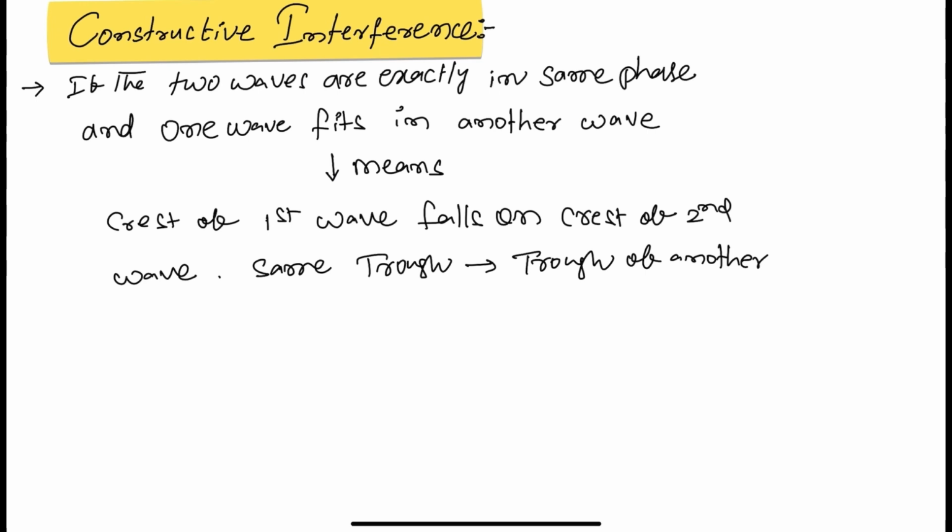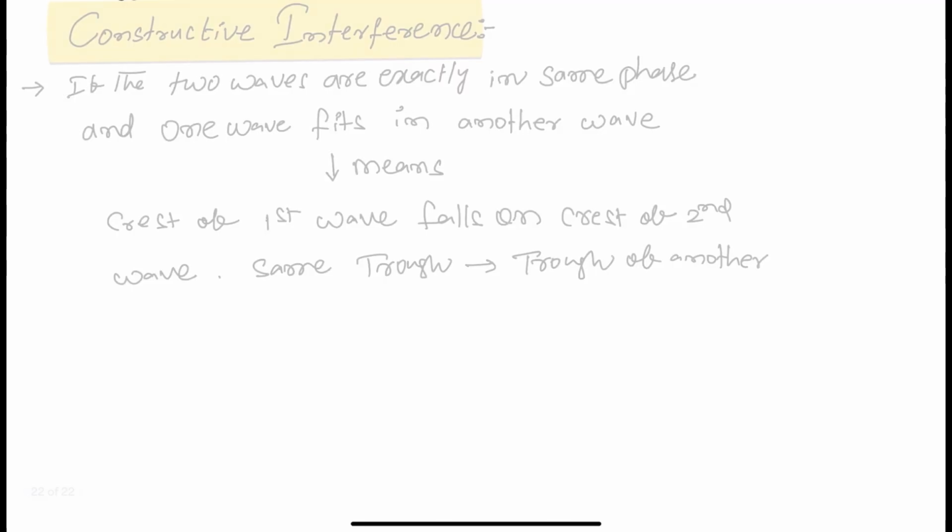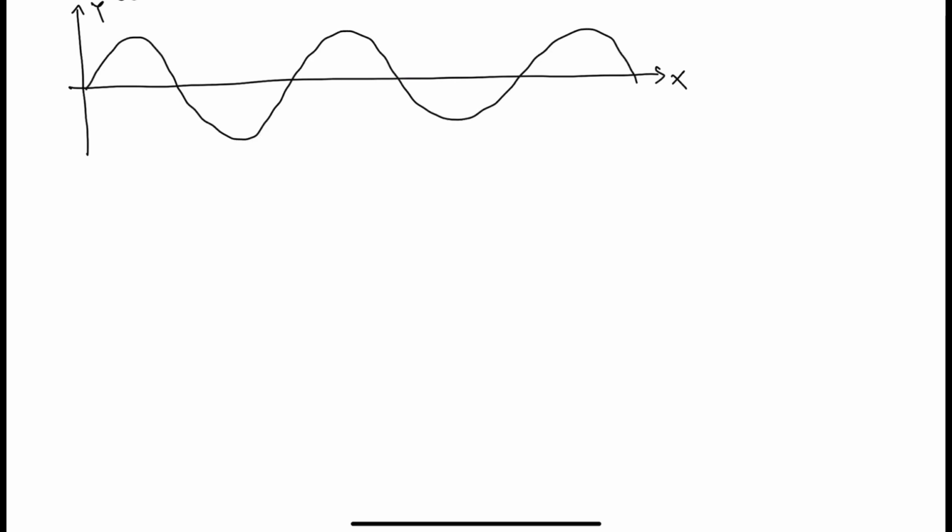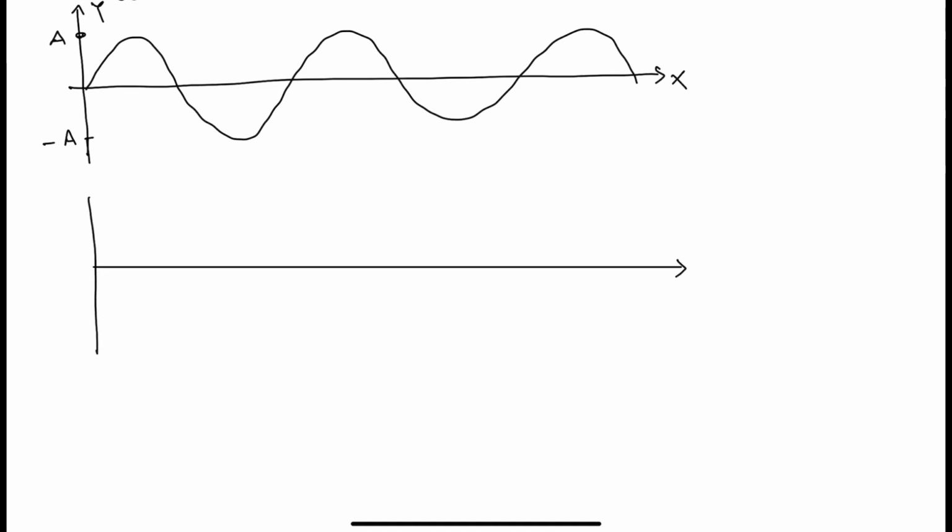In constructive superposition, let's see it diagrammatically; carefully observe this. The wave is propagating along the x-axis, and particle displacement is along the y-axis. This is the amplitude A, and in the opposite direction it is minus A. Now another wave is taken, this is the second wave, on the same y.